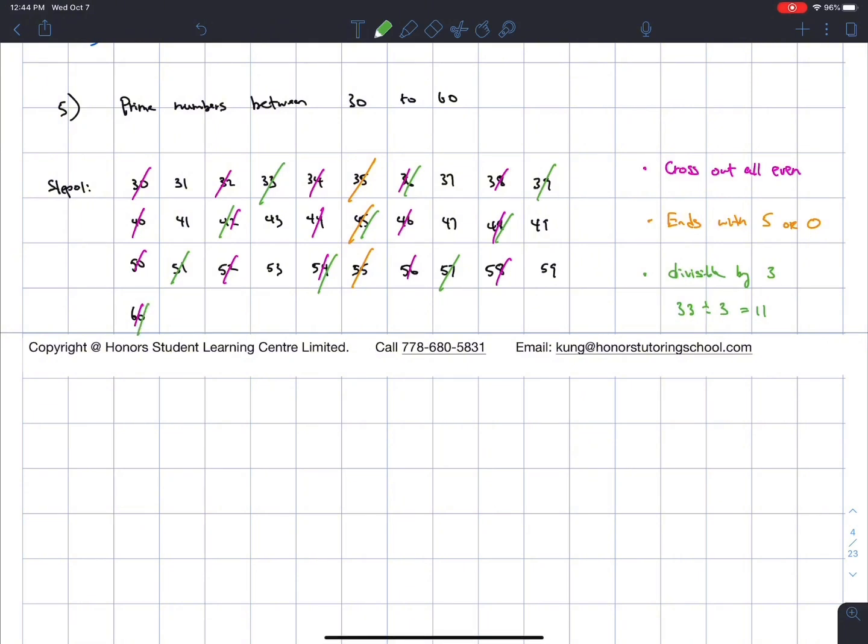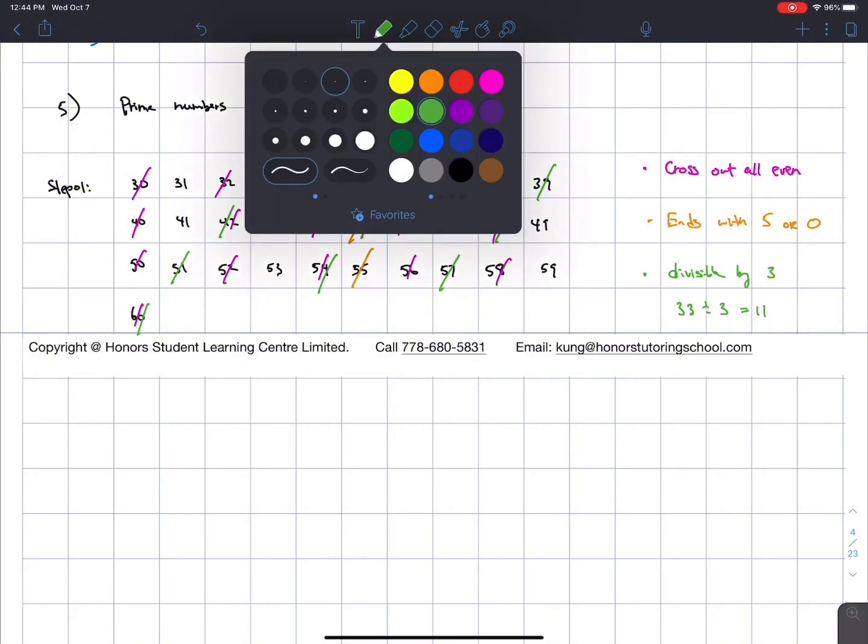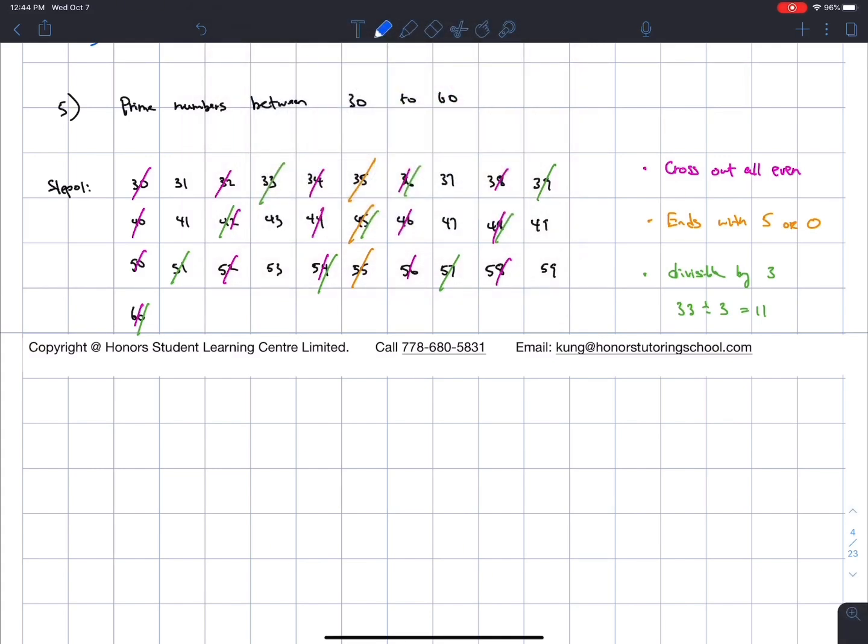Now I can continue with the 4s. I just wanted to point out to you that if they are divisible by 4, they will also be divisible by 2. So we have pretty much crossed them out already. Right?